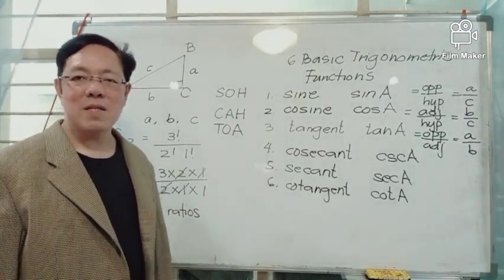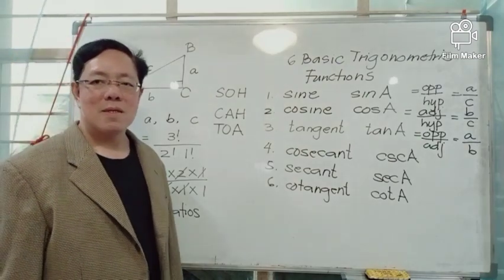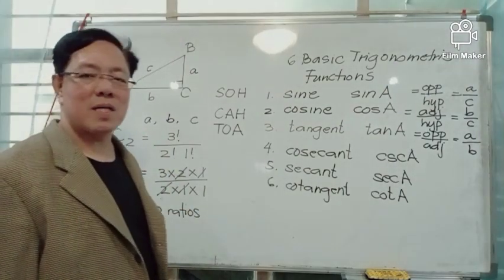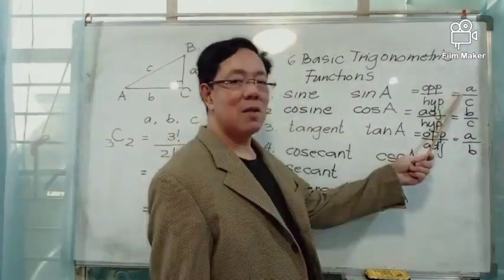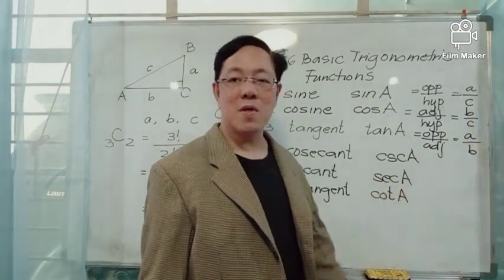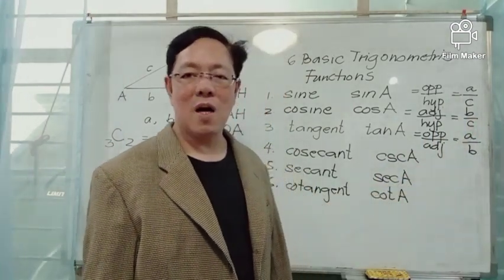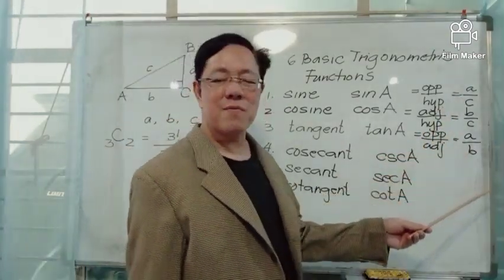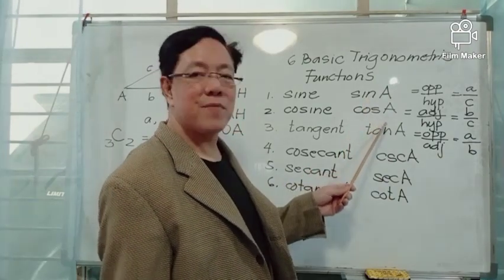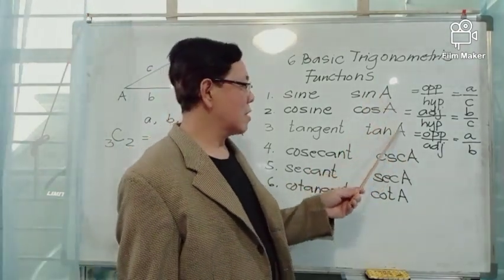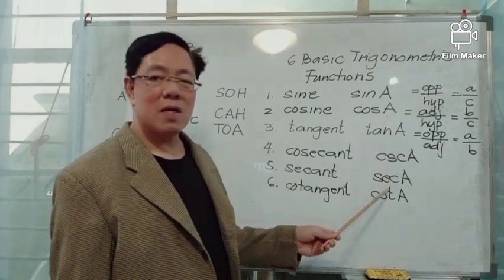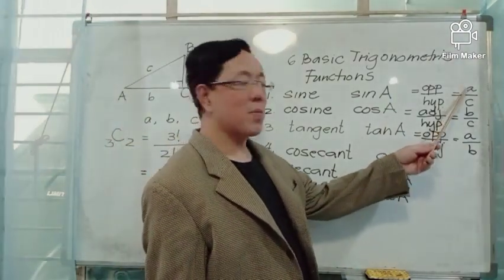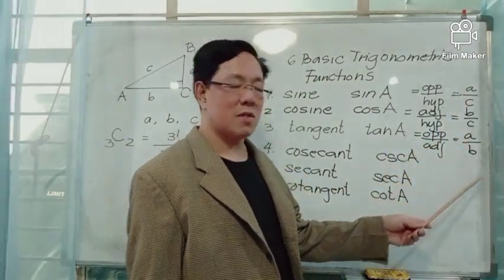Now, we said earlier that there are six ratios that can be formed using these three sides of a right triangle. And we have already listed the first three ratios of the six possible ratios. These first three ratios define the first three trigonometric functions of an acute angle. The values of the last three trigonometric functions are the reciprocals of these first three ratios.